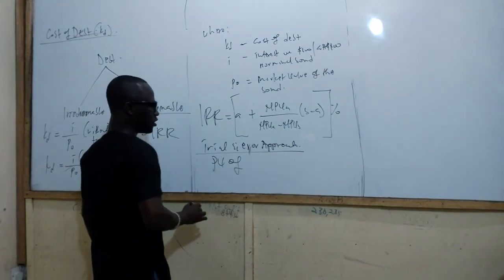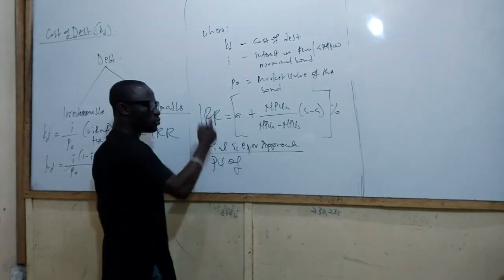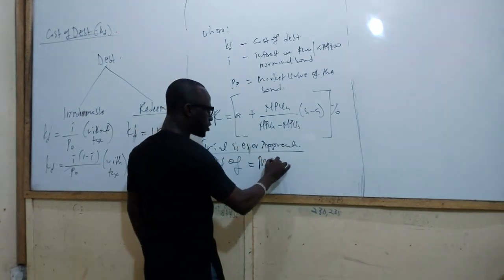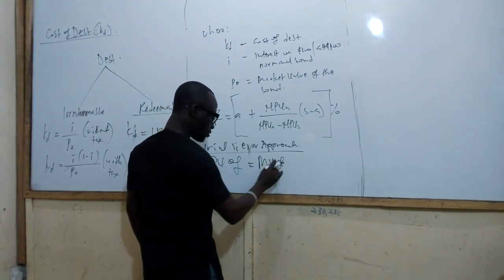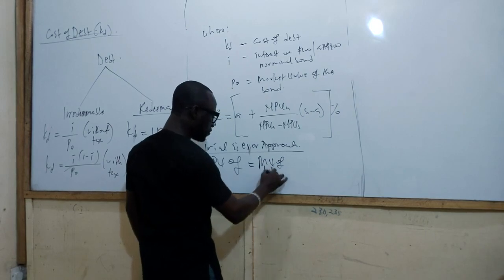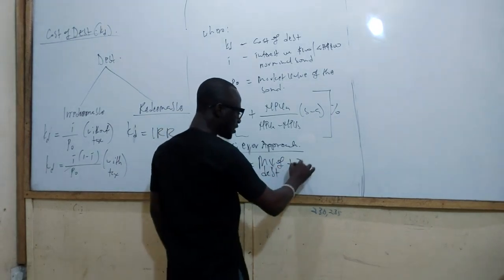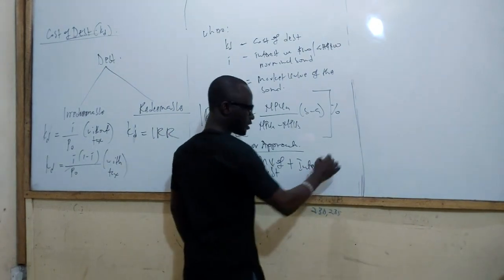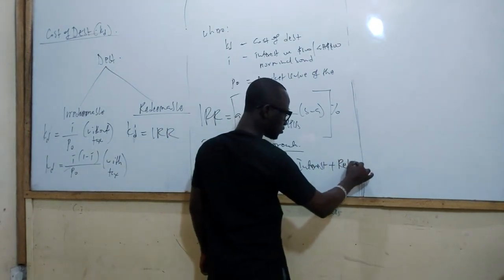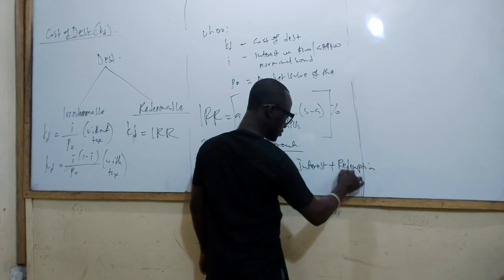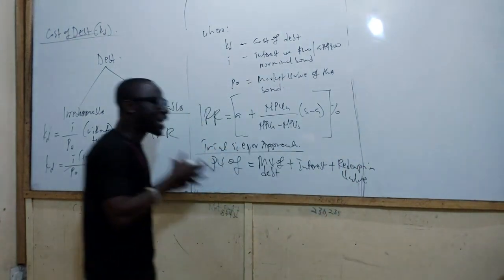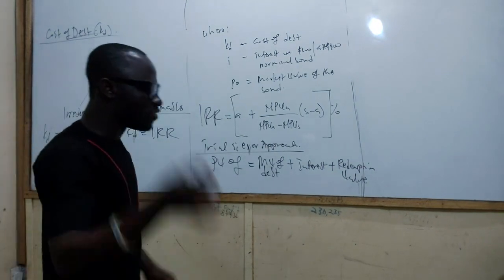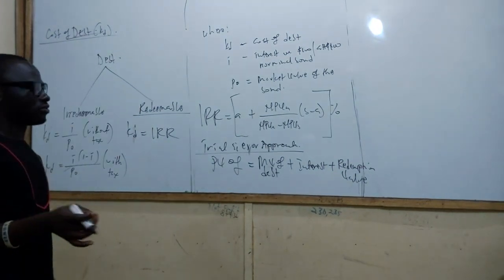So the NPV here is going to be the present value of the market value of the bond or market value of debt, plus the interest, plus the redemption value.